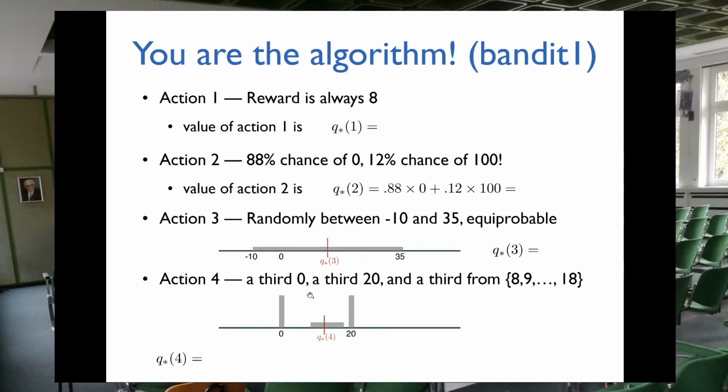And action 4 has a strange distribution. One third of the time it will give you a reward of 0. Another third of the time it will give you a 20 as a reward, and the remaining third of the time you will receive a reward in this set that contains 8, 9, up to 18.